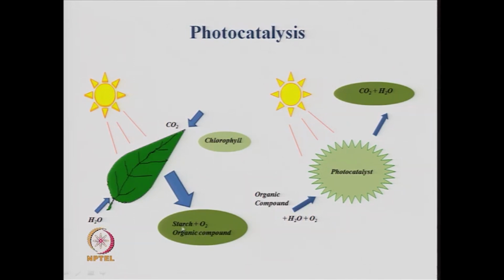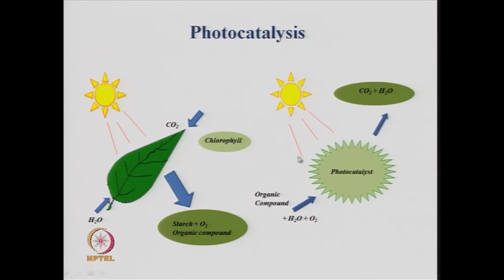So, you can get a carbohydrate and oxygen in the presence of carbon dioxide and water and light, and this light harvesting is done by chlorophyll which is present in the leaves of the plant.